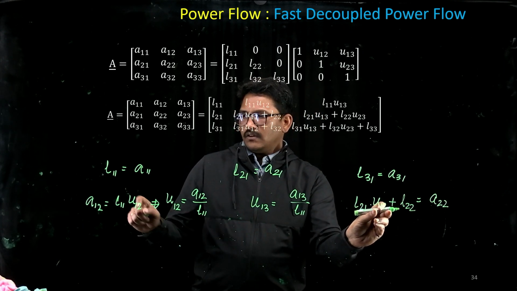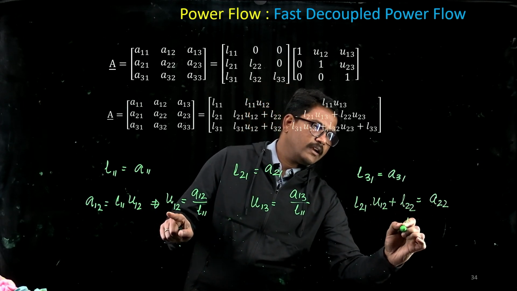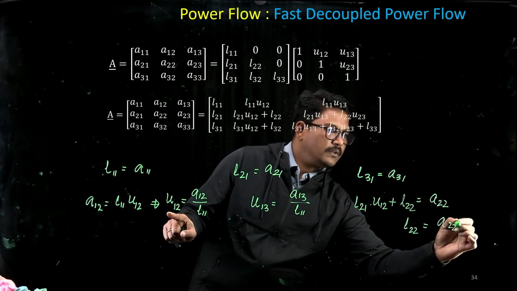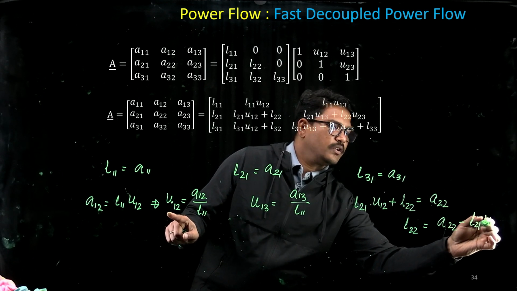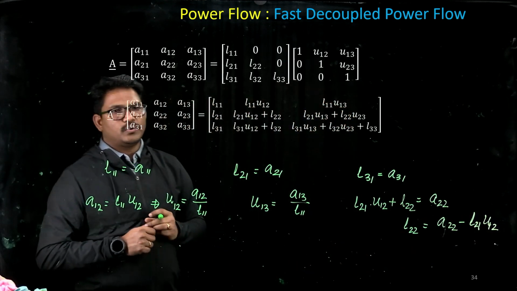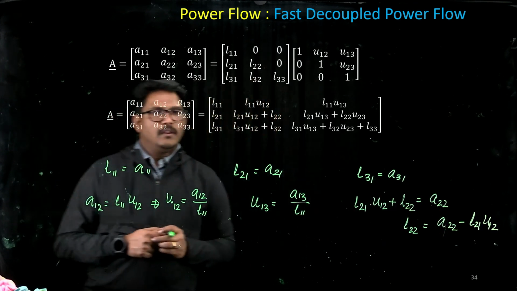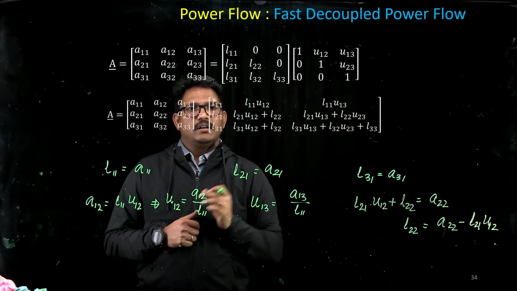U12 is also available for us from here, and then L22 can be calculated as L22 is equal to A22 minus L21 and U12. That's where you will be able to get the value of L22.